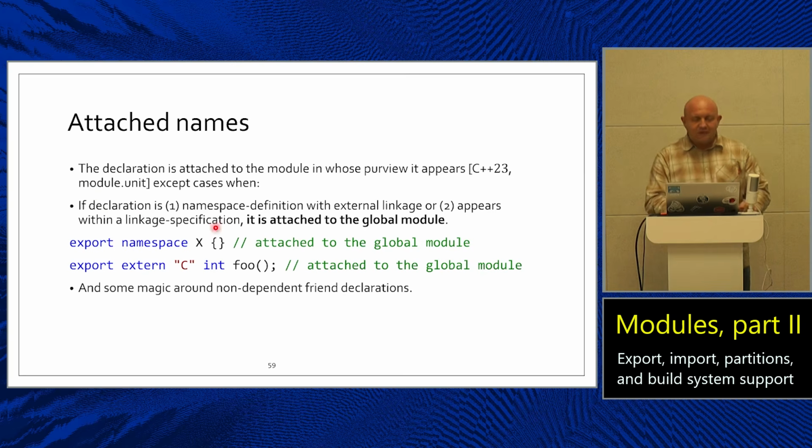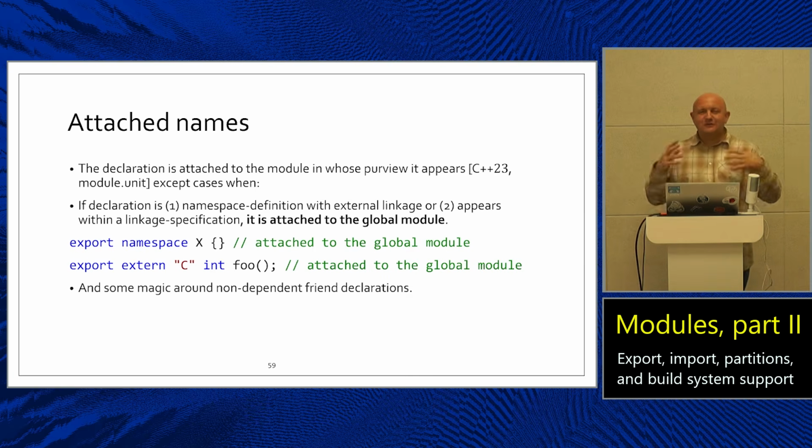There are only a few exceptions. First, if this is a namespace definition with external linkage, then that namespace is attached to the global module, so you can reopen it anywhere. In one module, you do have export namespace. In another module, you do have export of the same namespace. This is perfectly legal. All namespaces are attached to the global module, like the non-modular part of the language.